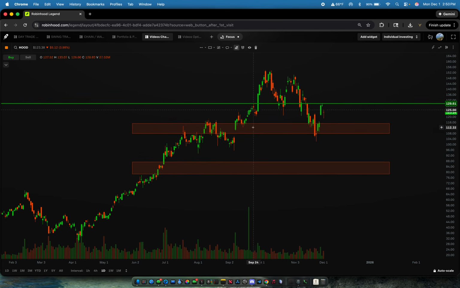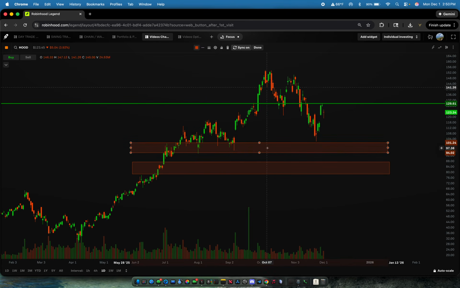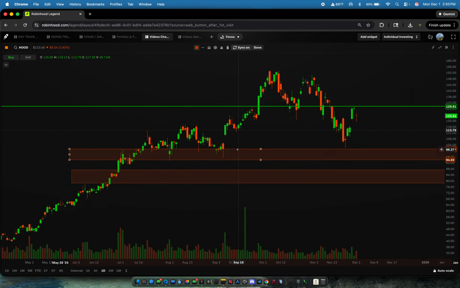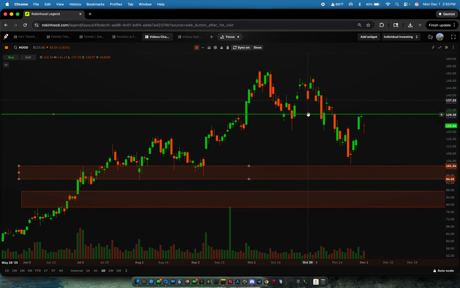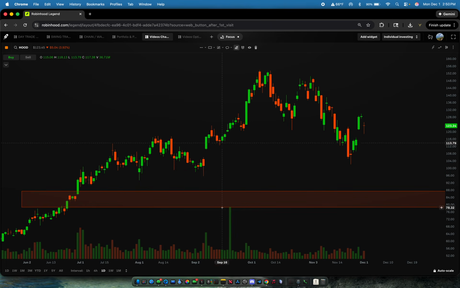You will see better results playing the demand and supply zones like a range rather than a horizontal price level, because there is a better chance that the stock will find a reversal in the area, and you have much better results and profitability if you give yourself a range of a dip or a profit taking level rather than relying on one level, because not every single time is that one level going to hit. So let's go ahead and start off with supply zones for you guys.